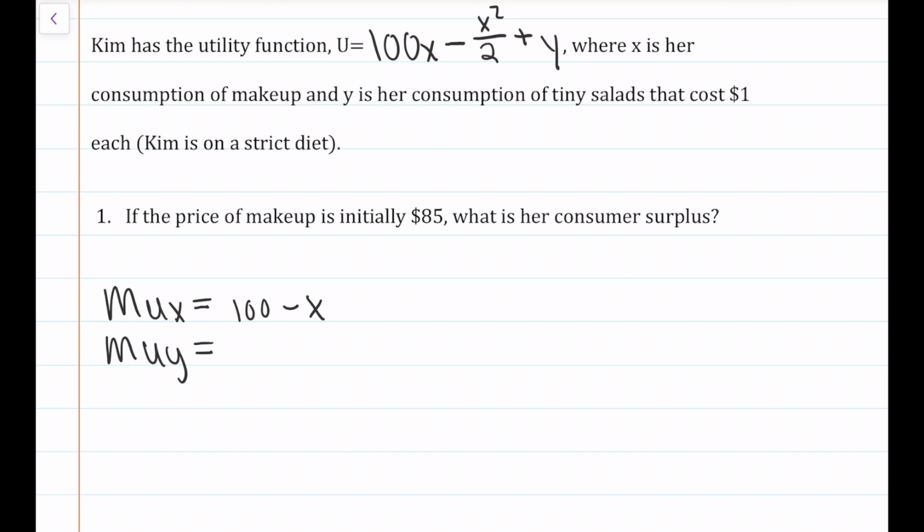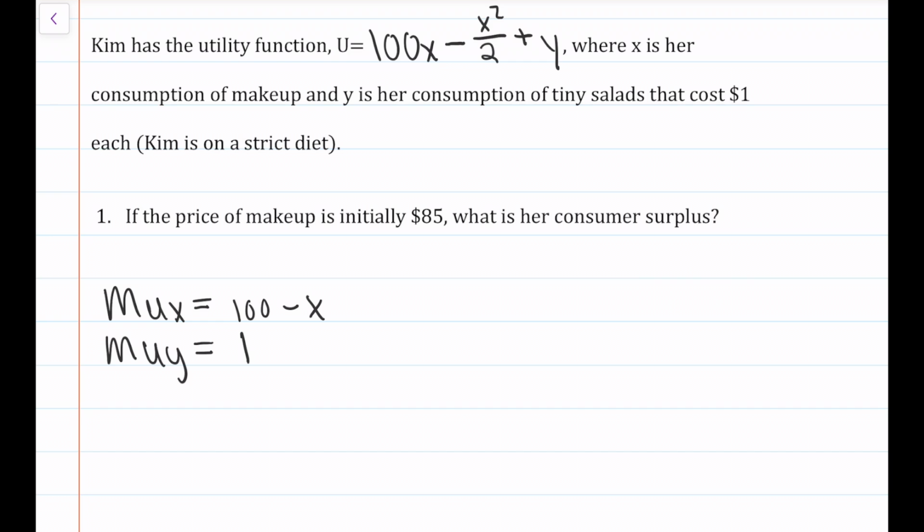The reason it's minus x is because if you take the derivative of x squared over 2, you could say it's 1 over 2 x squared, so you'd bring in the 2, which makes it 2 over 2 x, and 2 over 2 is 1, so it would just be x. And then the marginal utility of y would just be 1.